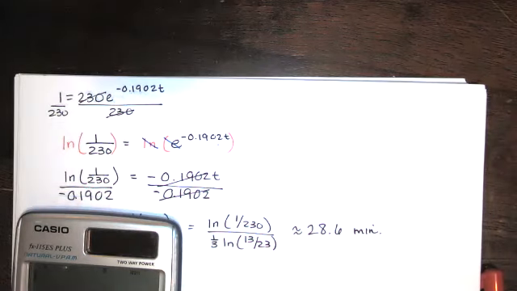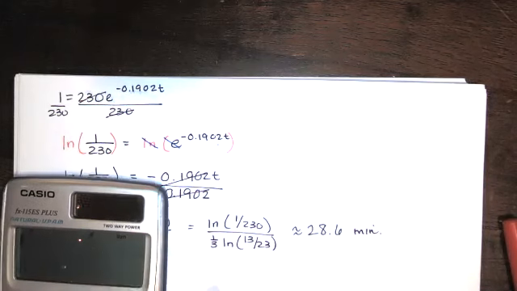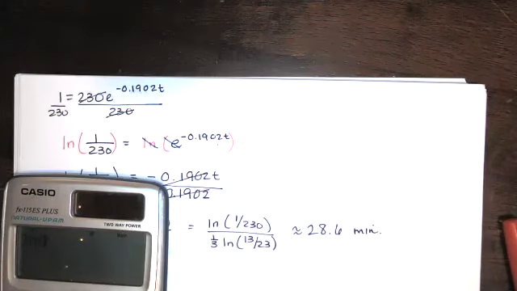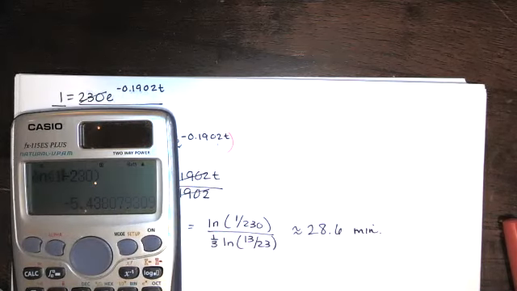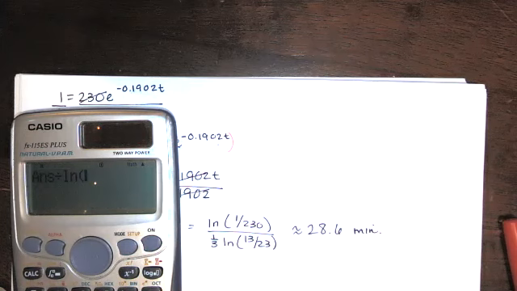Or let's try it the other way. If we have natural log of 1 over 230, if we're dividing by 1/3, that's the same as multiplying by 3. Let's take that and divide by the natural log of 13 over 23, and see if we get the same answer either way.